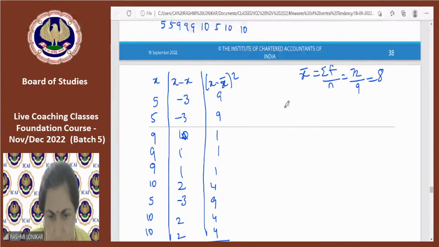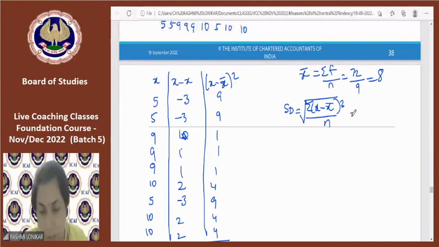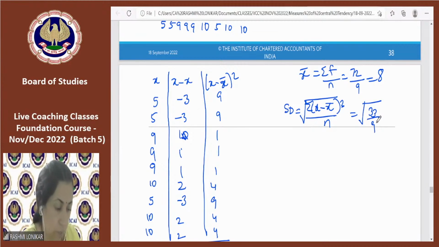33. So standard deviation will be equal to square root of summation x minus x bar the whole square upon n, which is equal to square root of 33 upon 9, which is equal to 3.66 and square root 1.91.